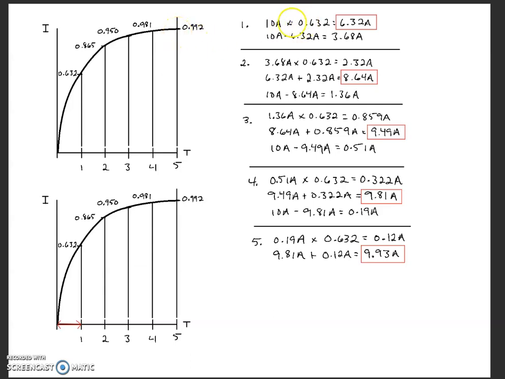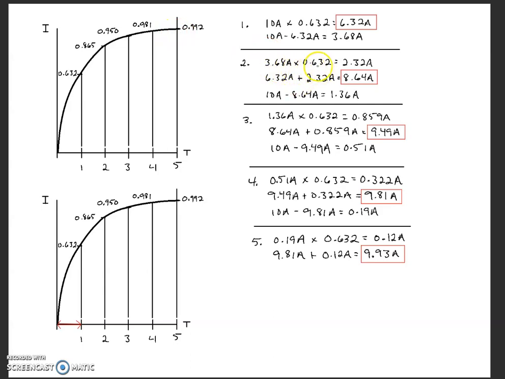So what's going on here is you got 10 amps times 0.632. So you got 6.32 amps that has been accounted for in the first time constant. So what's remaining here, so you got 10 amps minus the 6.32, so there's 3.68 amps remaining that has to build up in this part here.